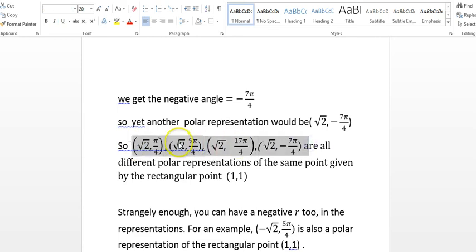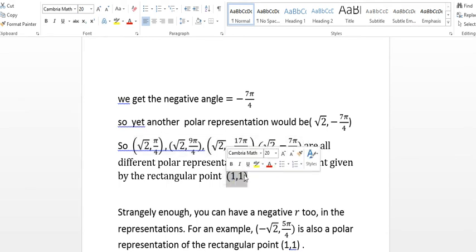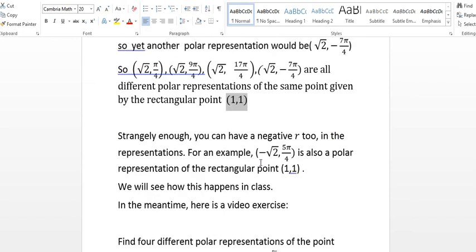All these 4 polar representations represent the same rectangular coordinate pair, which is (1, 1). Actually, we will learn in class tomorrow that r can also be negative, and the same point (1, 1) can be written with negative r as negative square root 2, pi over 4. But let's do it in class tomorrow.